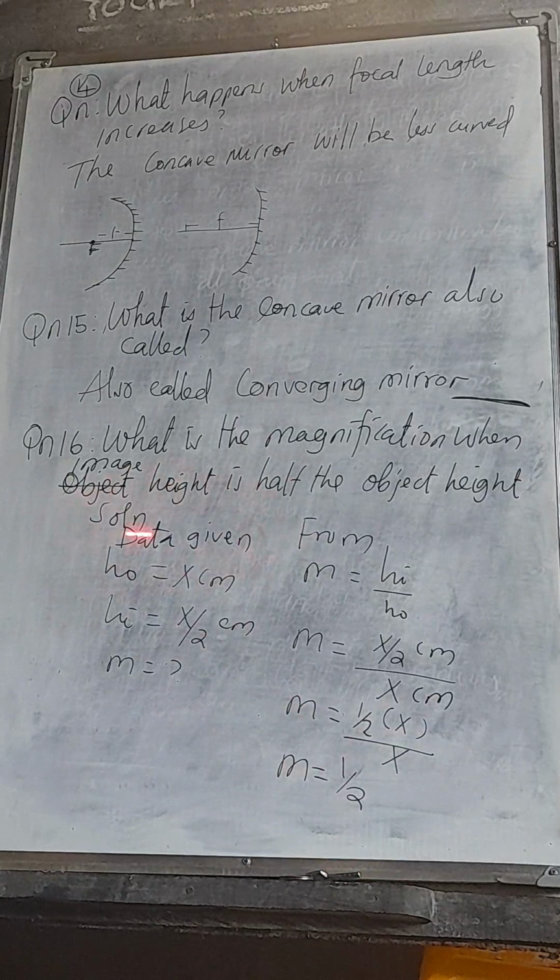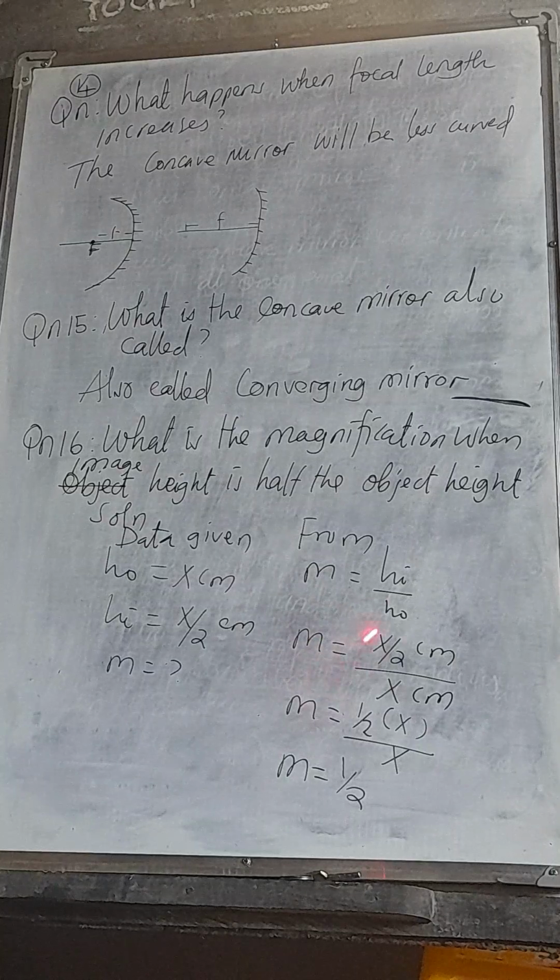What is very important is to know the solution, data given. We let any letter represent the value of the object height, say x centimeter, and the image height is half of the object height, so it will be x over 2 centimeter. We know magnification is equal to image height over object height.